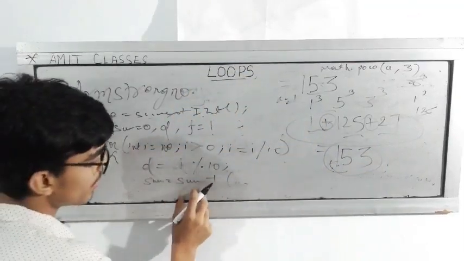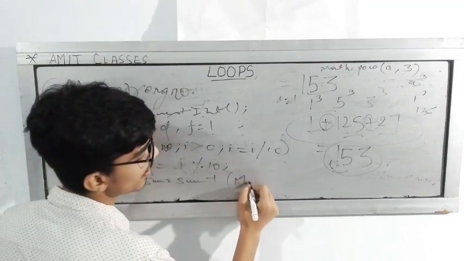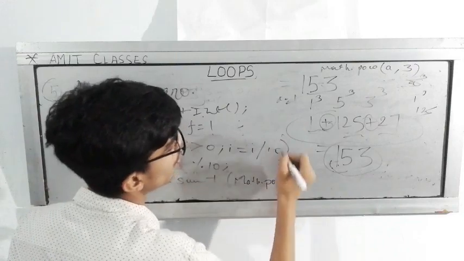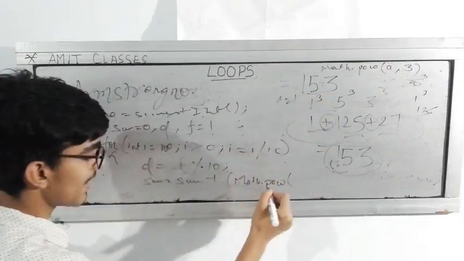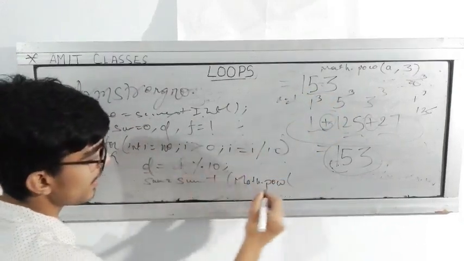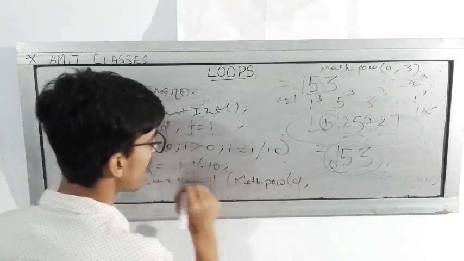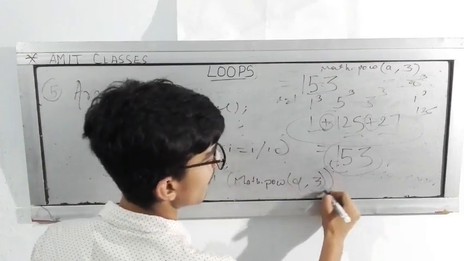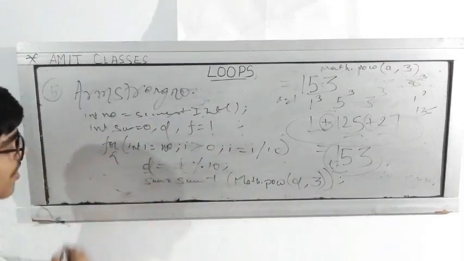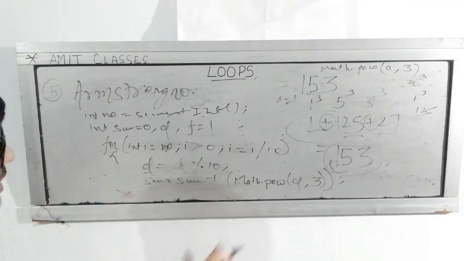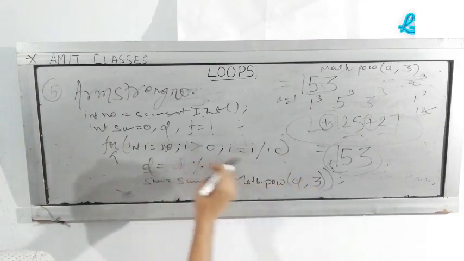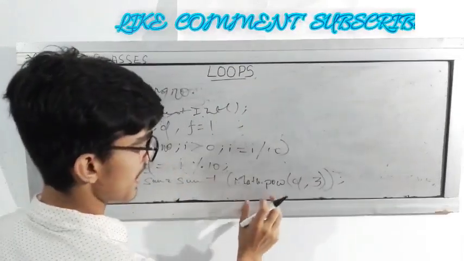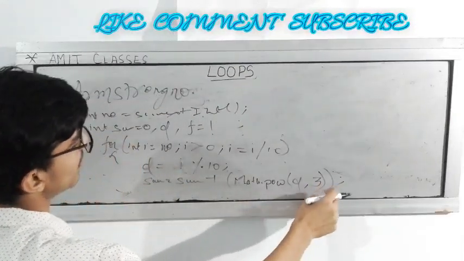So sum is equal to sum plus math.pow, d comma 3. Here d is every digit, comma 3. Now d comma 3 all will go inside sum.